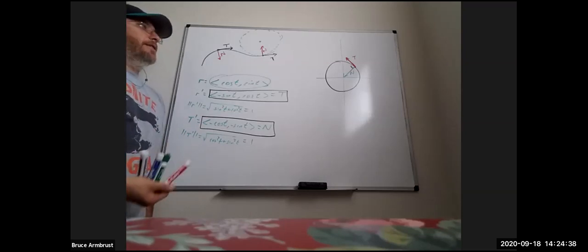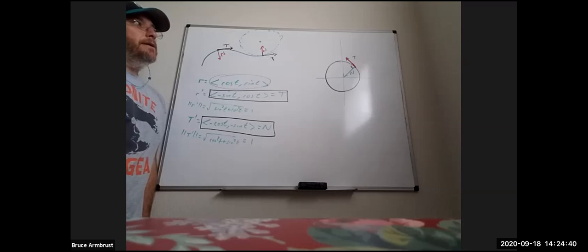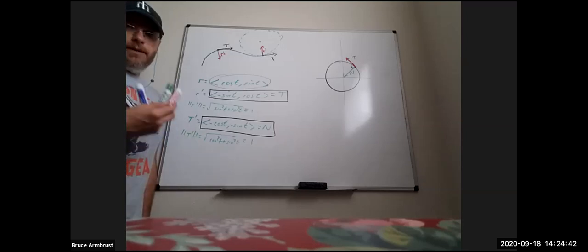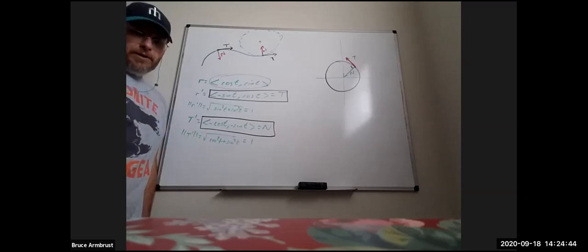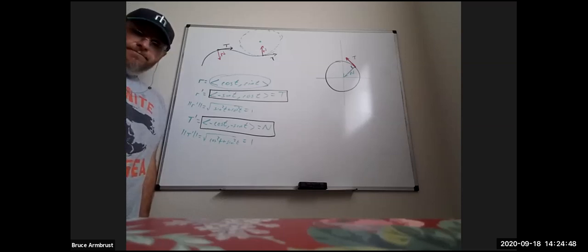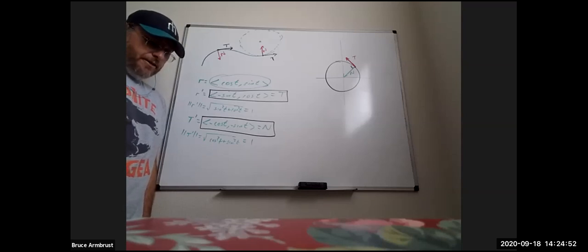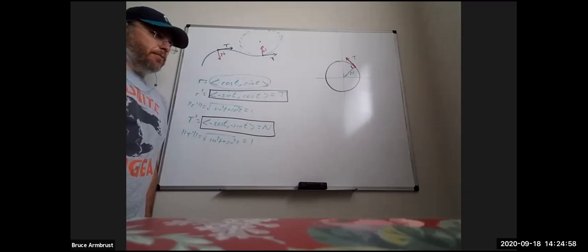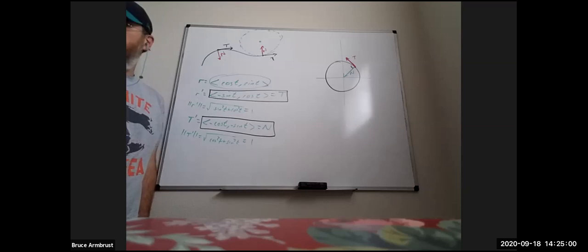So even though it seems at this point that we're just talking math for math's sake, there's huge application of big T and big N when it comes to physics. Big T is always in the direction of your tangential acceleration. And big N is always centripetal. It's centrally pointing.